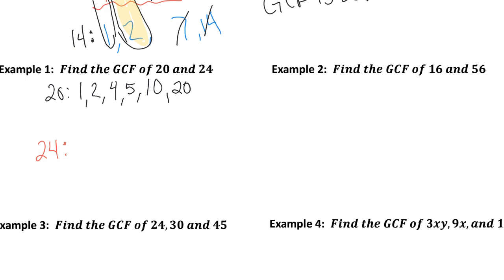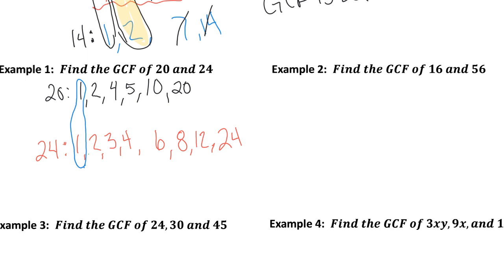Or you could also do what I showed before, where we know 1 and 24 go into 24. I know 2 and 12 go into 24. I know 3 and 8. I know 4 and 6. And 5 doesn't. So now we want to circle anything they have in common. They have 1 in common.